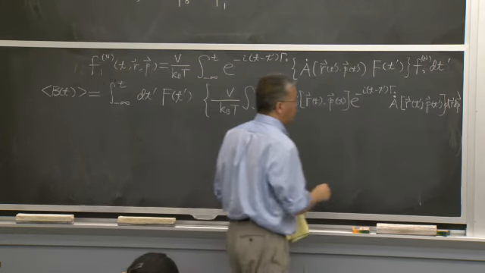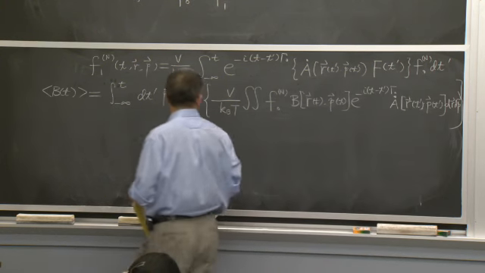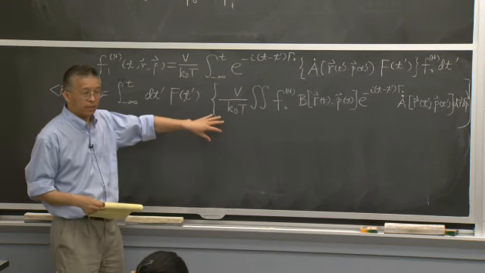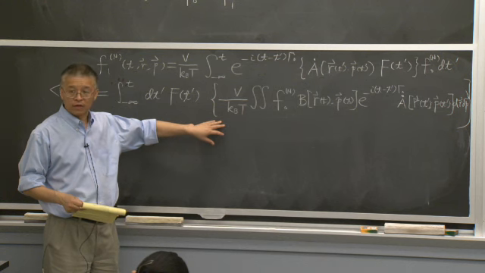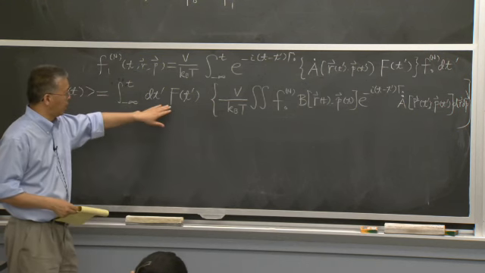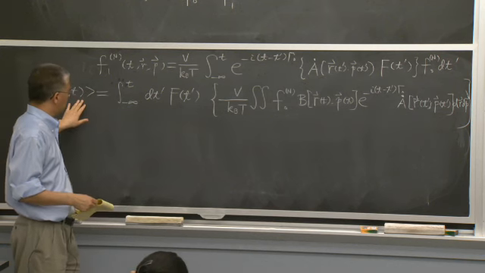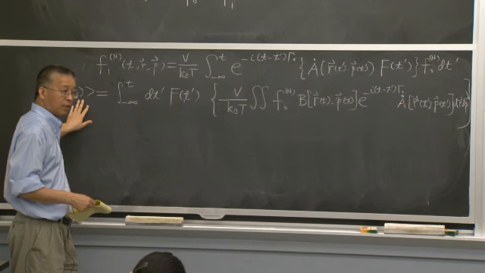Okay, and here the bracket. The reason I'm writing into this form is because inside the bracket is my after effect function. This is the disturbance. This is the response I'm interested in, the quantity of response.